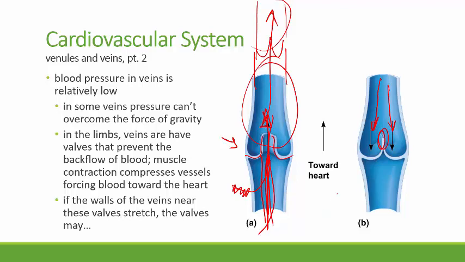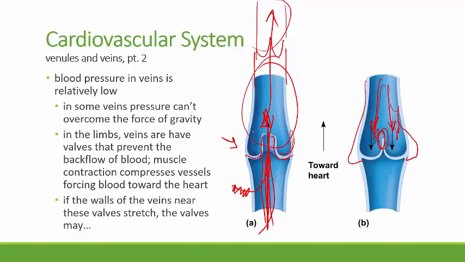Now, this is problematic, especially for people who do a lot of standing or don't have really good cardiovascular health, because the tissue of the veins around these valves, because it's constantly getting this back pressure, can bulge, become larger, and those stretched valves may develop into varicosities, so varicose veins, and into hemorrhoids.